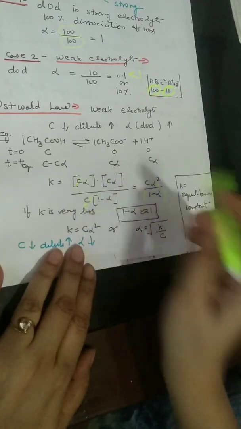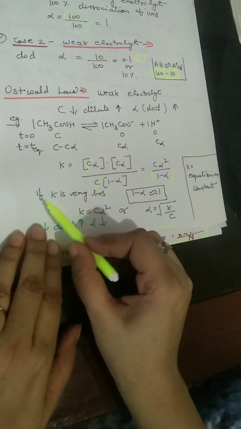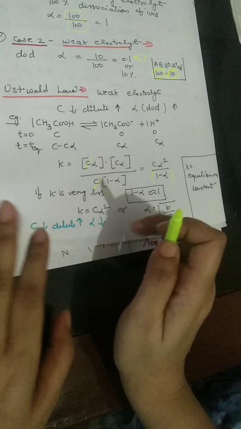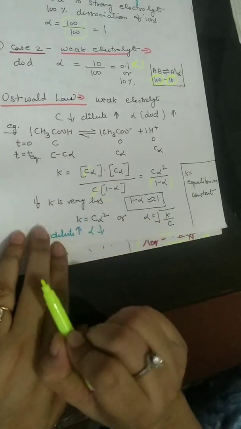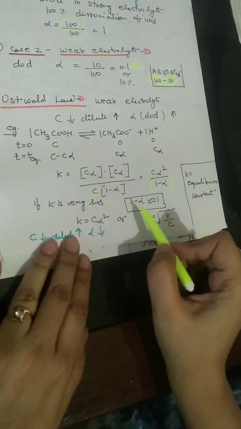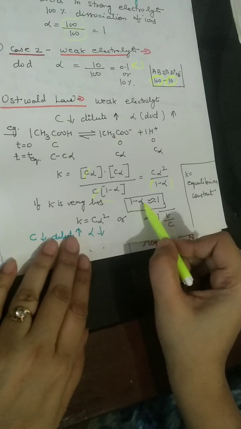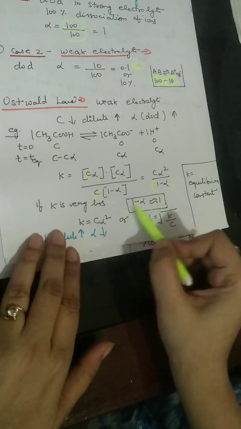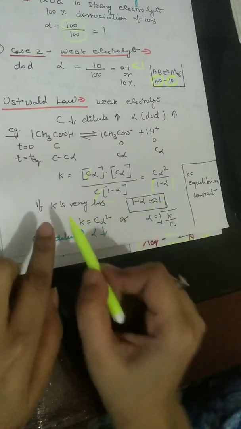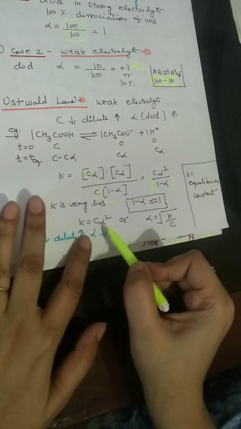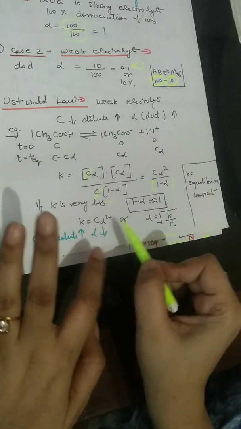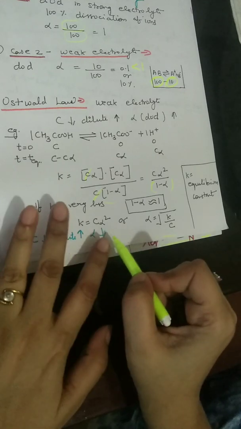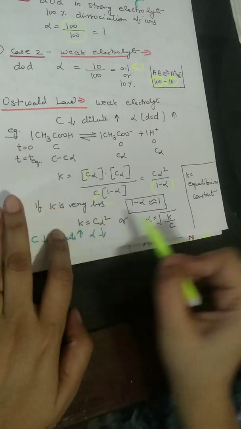Okay. Now if the value of K, or the conductance, is very low in the solution, then what will happen? The value of 1 minus alpha will be near to 1, and if the value is near to 1, then this K is equal to C alpha square. So what we will do now? We will take alpha to this side.